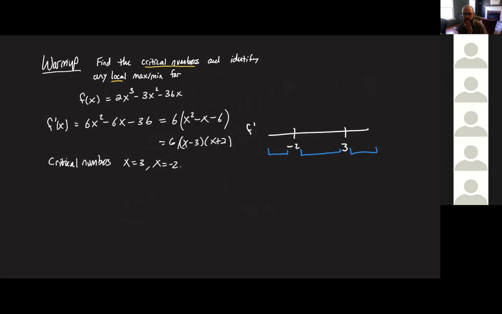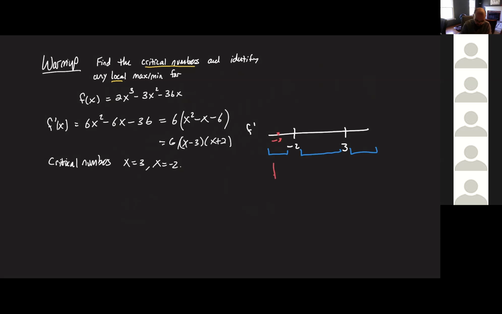In these intervals, what I want to do is test, is my derivative positive or is my derivative negative? So you just pick a value that's over here, say negative 3, and I'm going to plug it in.